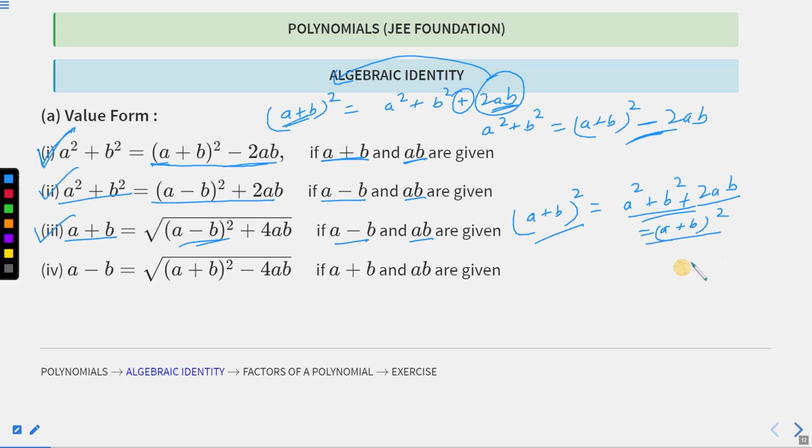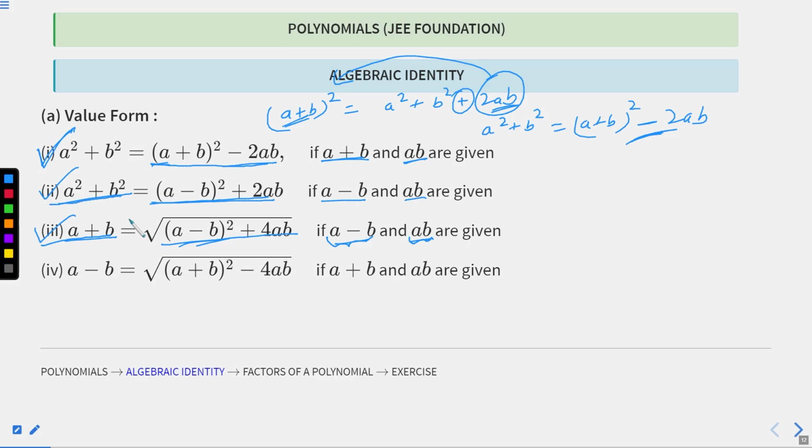We are just writing an identity in different forms so that we can take advantage of them. If the difference is given and the product is given, then I can either use this form to find a + b or use this form to find a² + b².